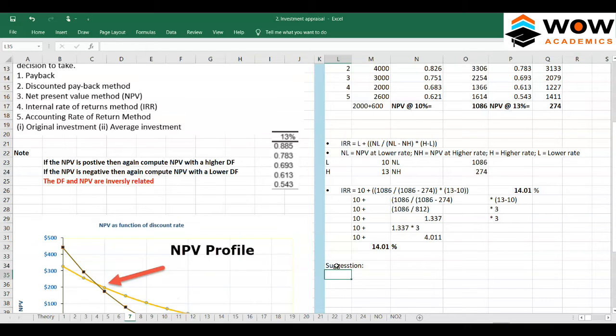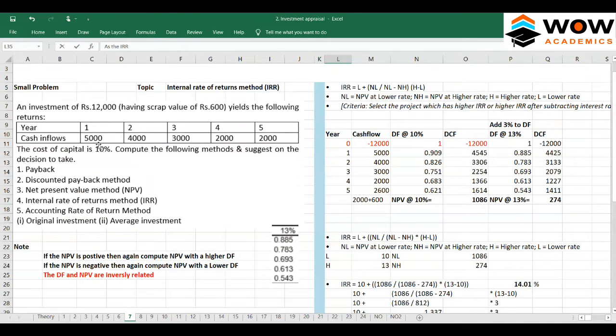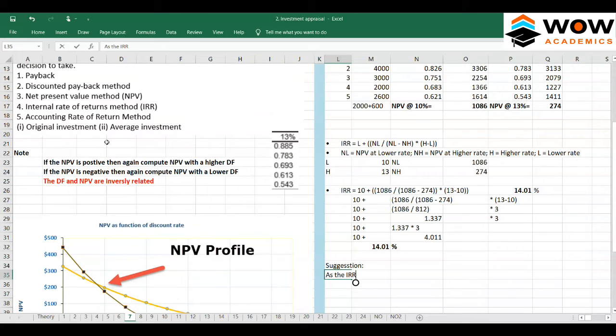Now look at what the discount factor is. The discount factor is 10%. As the IRR is higher than the cost of capital, it is better to invest in the project.